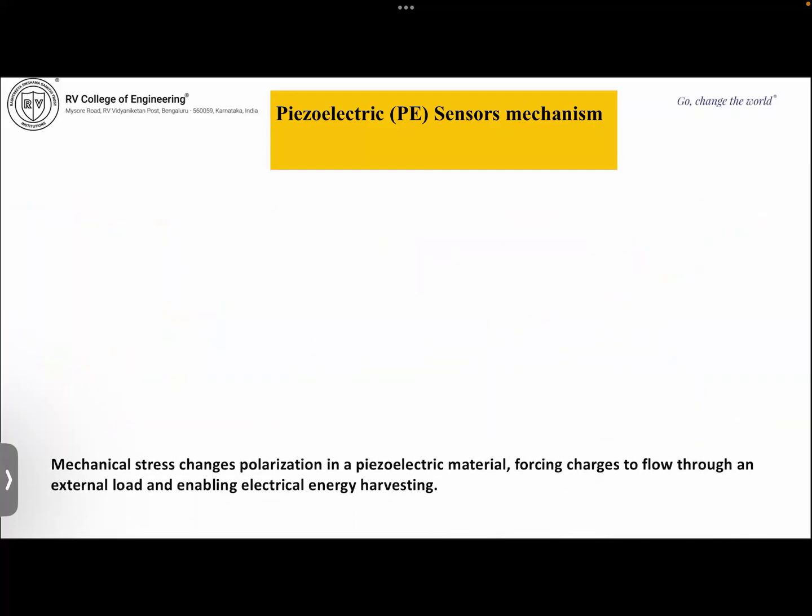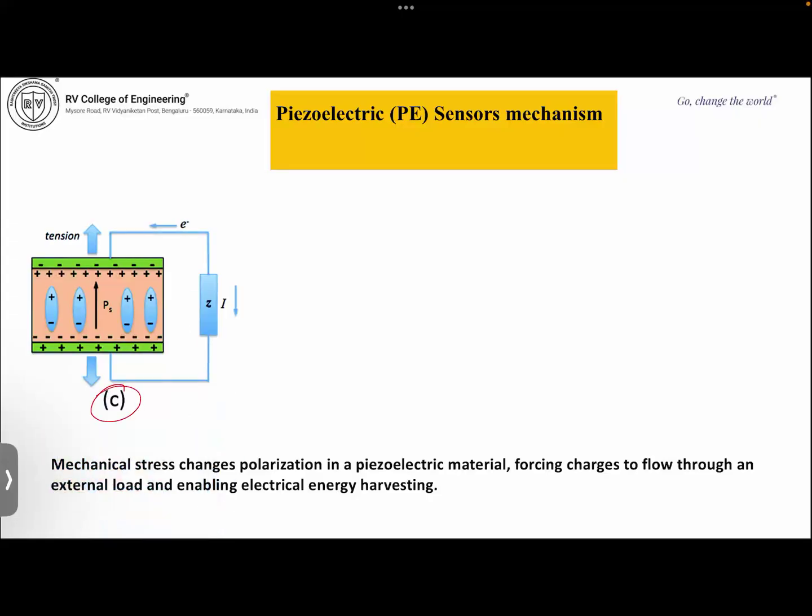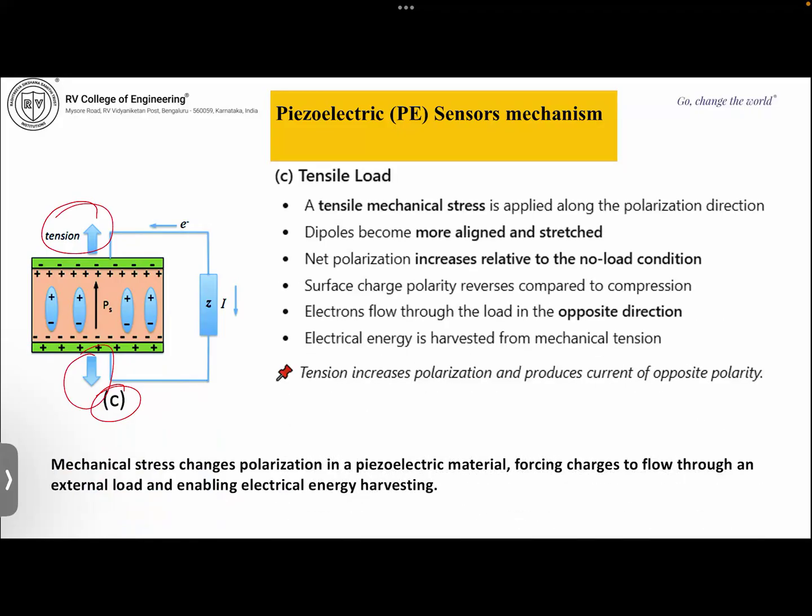Next, in the third case, this is the tensile case, when it is expanded. When the tensile mechanical stress is applied along the polarization, the dipoles become more perfectly aligned and stretched. This stretching leads to the net polarization increasing relative to the no load condition.